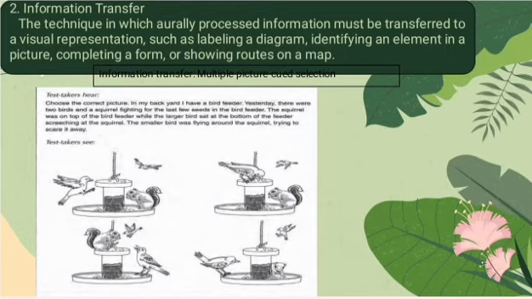There are 4 different pictures. From the different pictures, the test taker should choose one picture appropriate to what the test taker hears here. Okay, this is what the test taker hears. Choose the correct picture. In my backyard, I have a bird feeder.